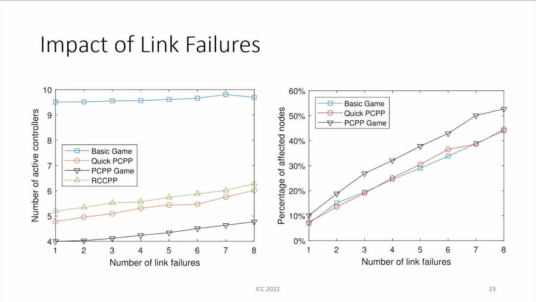Then we consider the impact of link failures when 1 to 8 links fail. The priority game still needs the fewest active controllers, which is good. The basic game does not perform well, and the counterpart is between these 2 extremes. On the right-hand side, we can see the percentages of affected nodes.